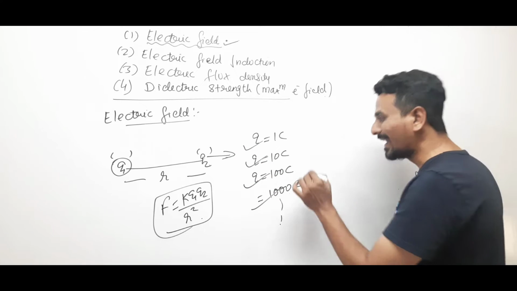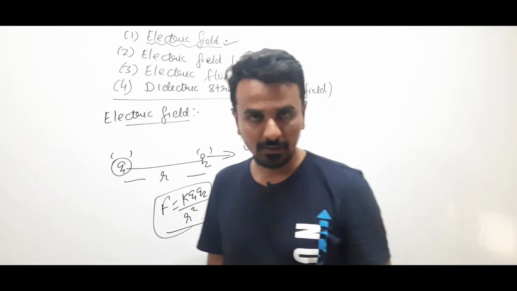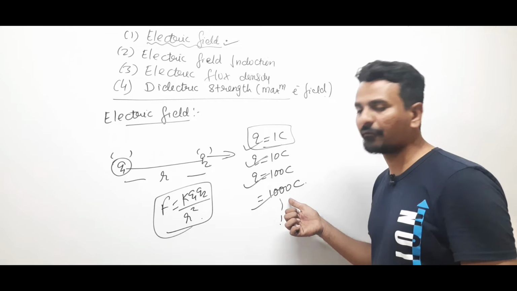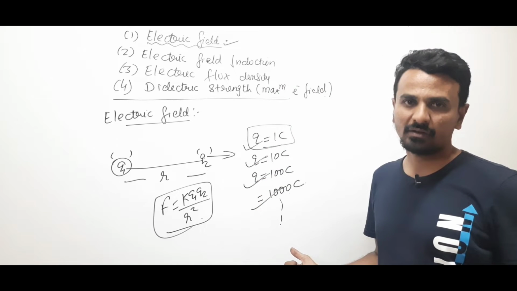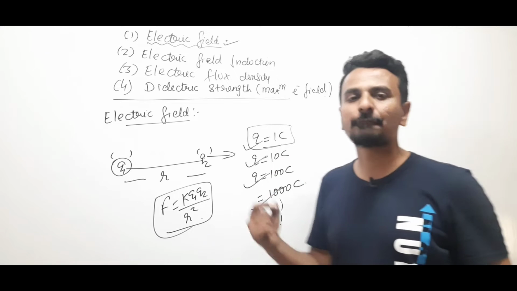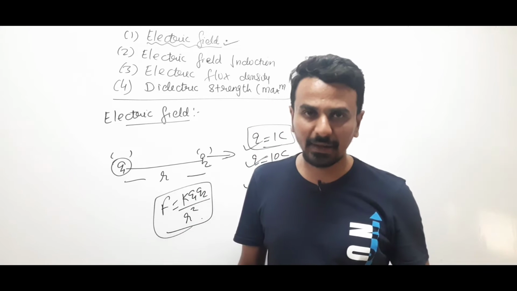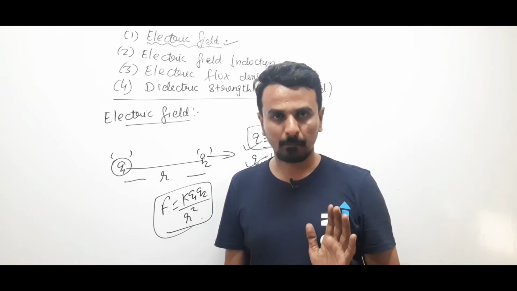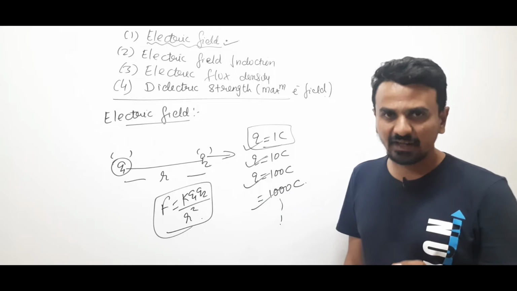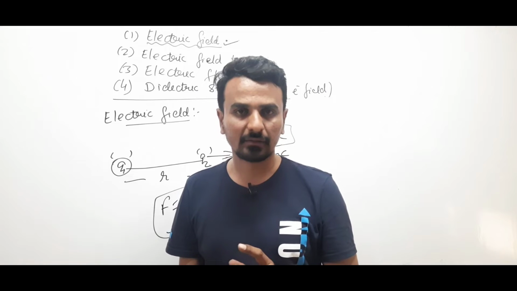But of course, the less the magnitude of charge, the weaker the electric field; the more the magnitude of charge, the stronger the electric field produced. But any charge, of greater or lesser magnitude, will create an electric field around itself. So basically, electric field is the effect produced by the charge in the surrounding.